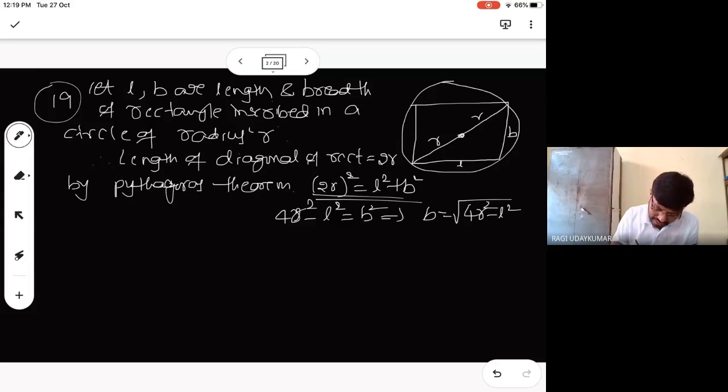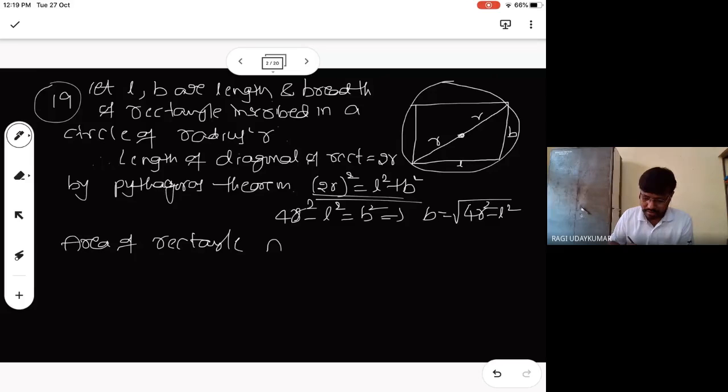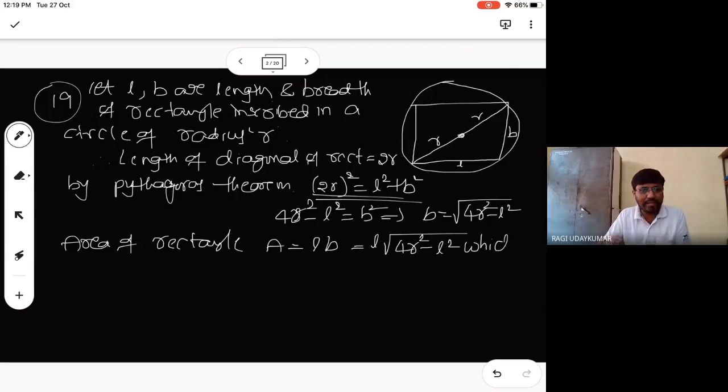Therefore, consider the area of the rectangle as A, equal to length into breadth, which is L into under root of 4r square minus L square. This is to be maximized, because we have to maximize the area.